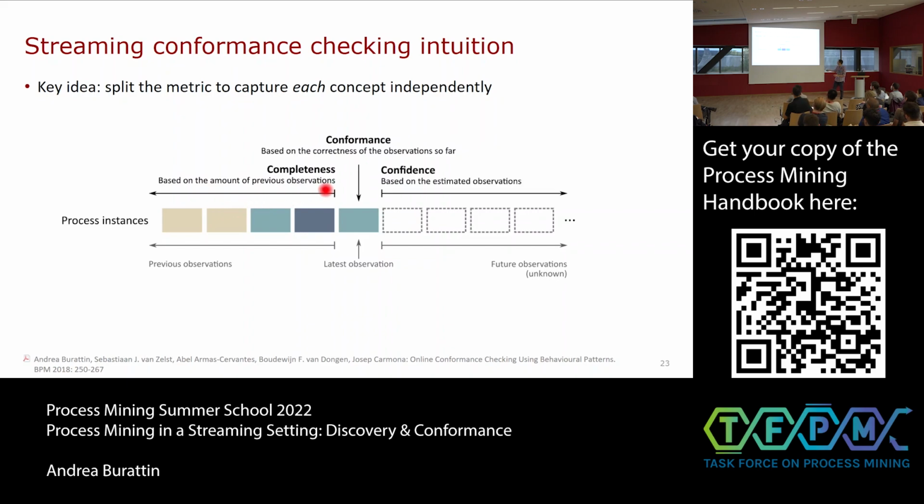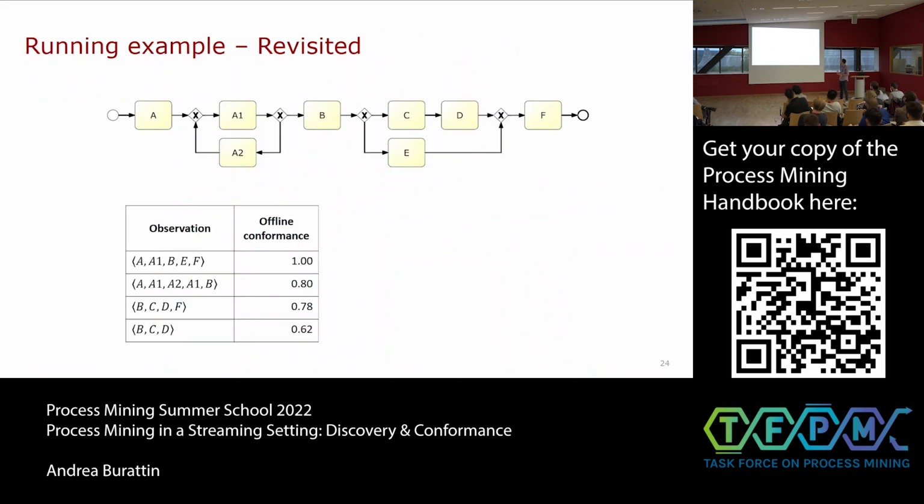And what we call confidence: how many events are still to come in these traces. Here we use the term confidence, meaning how confident is the conformance value? Is there a lot of behavior still to come, so the conformance can be completely messed up, or is the conformance quite stabilized?